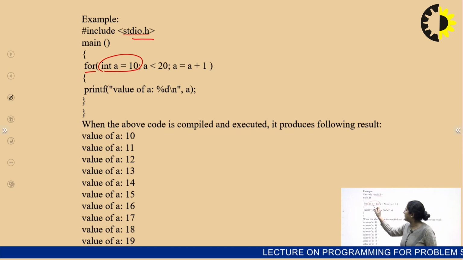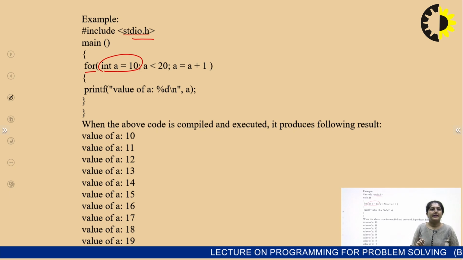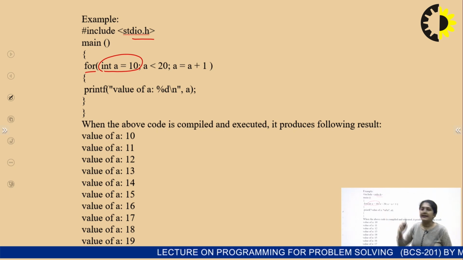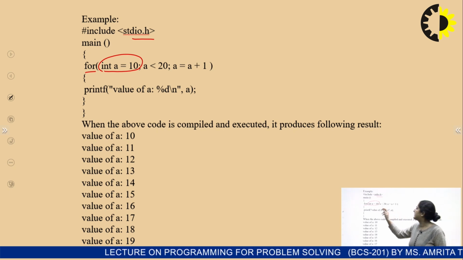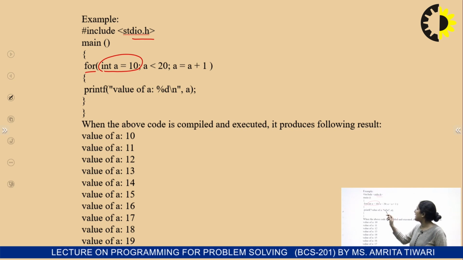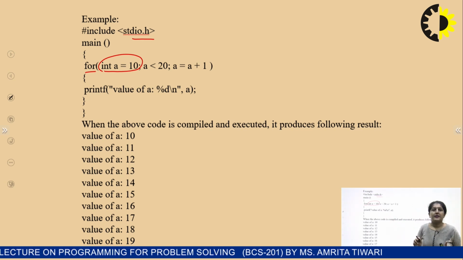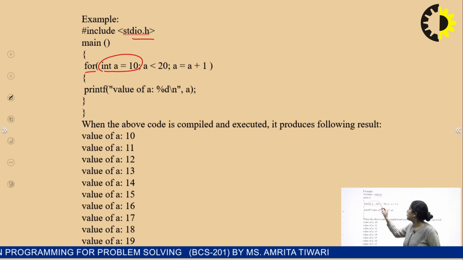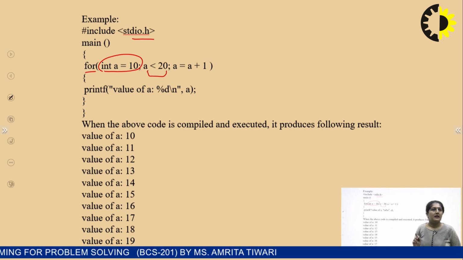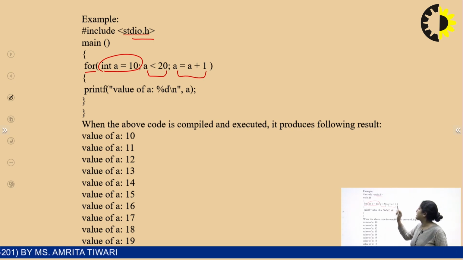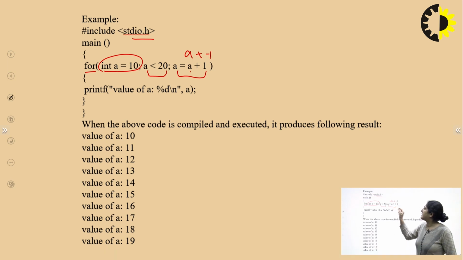This is the initialization. We are initializing the variable a with the integer data type, and its value is 10. Now, what is the condition? That a should be less than 20. And the increment is a++, or we can write a = a + 1.